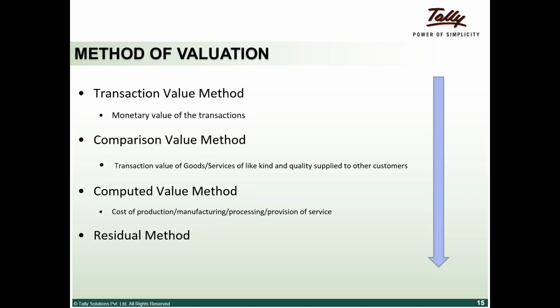If I have supplied to any third party customers at a monetary value, then that should be the basis for me to determine the value. If that method is also not possible, then a production based or manufacturer based cost will be the method. Then they proposed a residual method, which the empowered committee will decide is suitable going forward. As on date, they have not clearly spelled out what the residual method is.